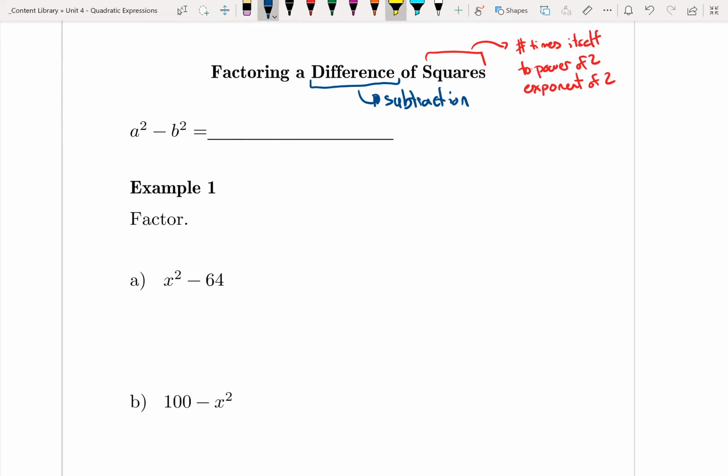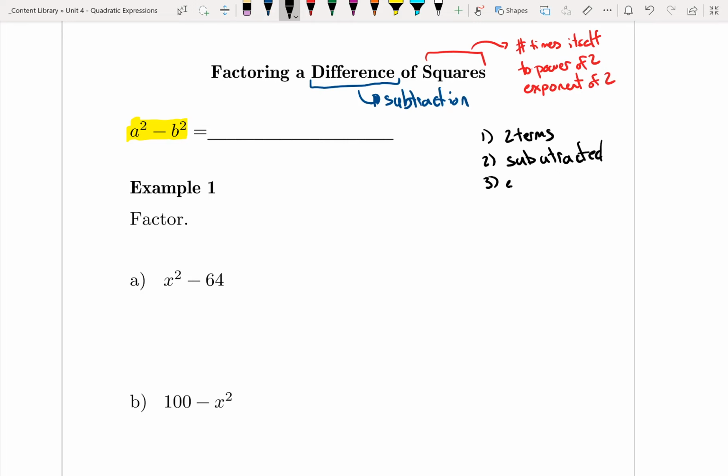This is going to be what we're looking for to identify a difference of squares. The key things that we're looking for: one, we have two terms. Second, they're subtracted, or the operation is subtraction.